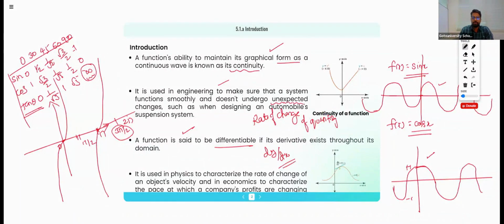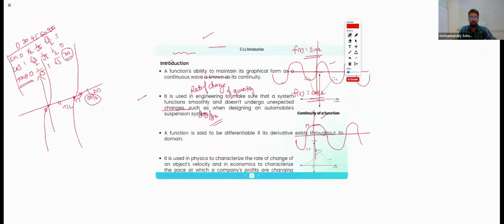So where do we use this? In physics, for example, we use it as the rate of change of velocity of an object with respect to time. What do you mean by rate of change of velocity with respect to time? That is dv by dt, which is actually acceleration, right?